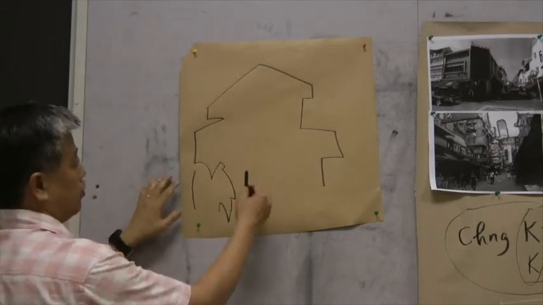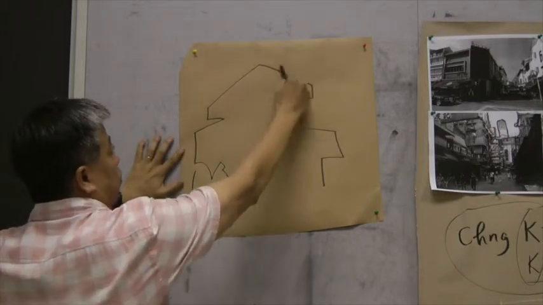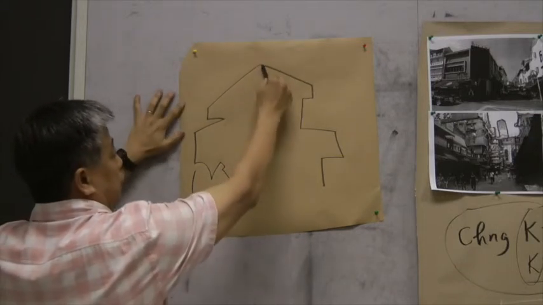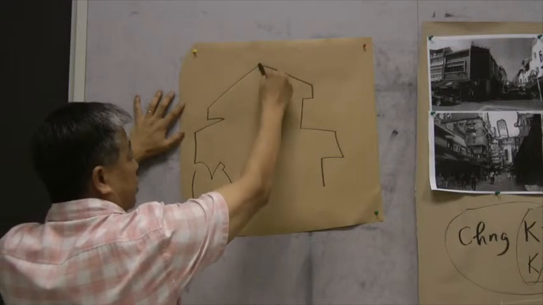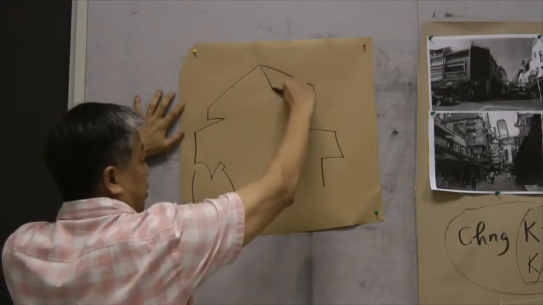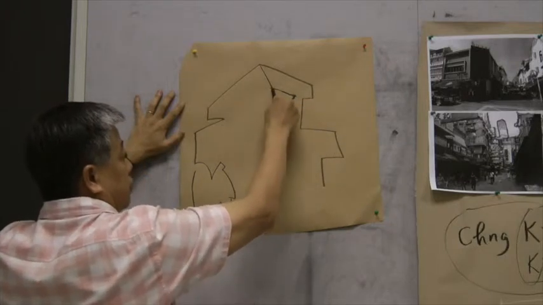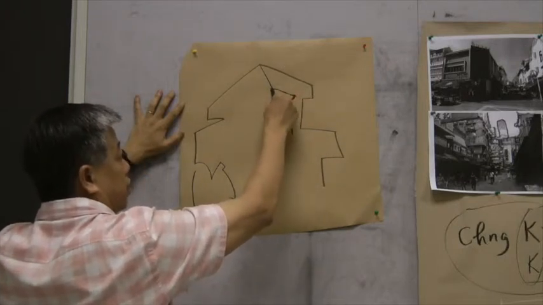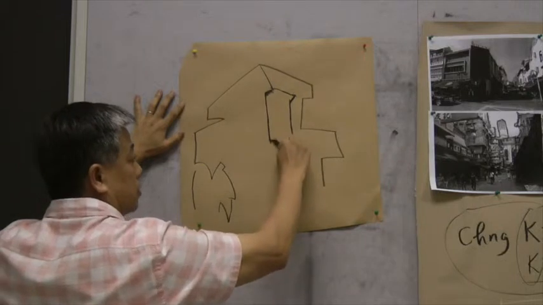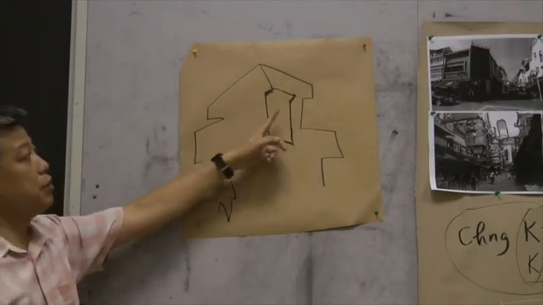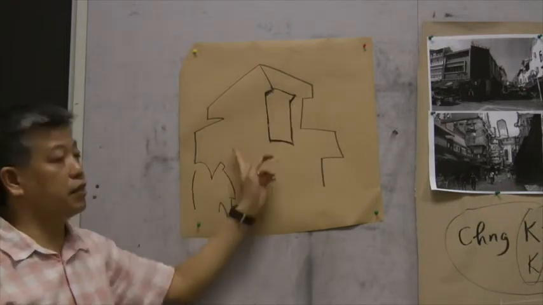Now, this form itself is a flat form, but if I have another form next to it that is changing the space structure, then you will create another dimension. So for example, you have this form. Now it's still a flat pattern in between each other.